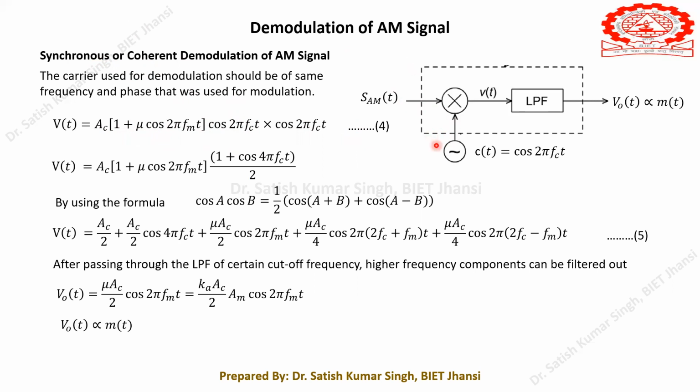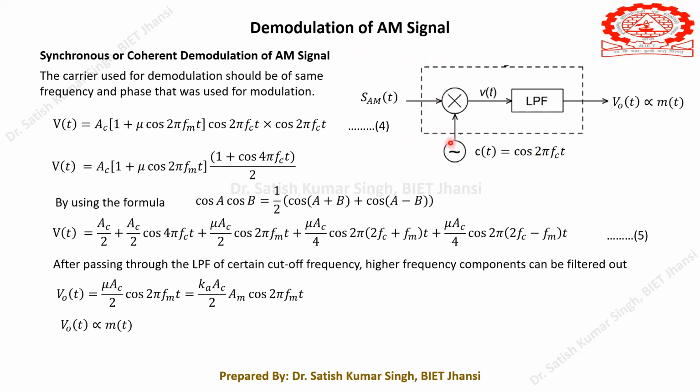We have already done the modulation at the transmitter end, and after performing the modulation, we fed that signal to the antenna, which radiates it. After traveling through the channel, it will be received by the receiver antenna, and in the receiver this signal has to be fed to this particular demodulator circuit.